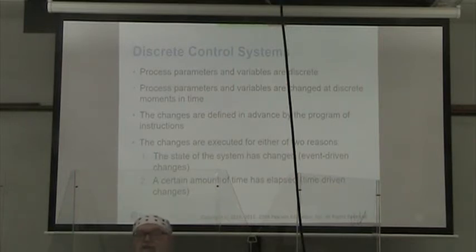Those changes are defined by the program of instructions in advance. There are two reasons that those changes might be executed. One, the state of the system has changed, so that's an event-driven change. Or a certain amount of time has elapsed, and that's a time-driven change.